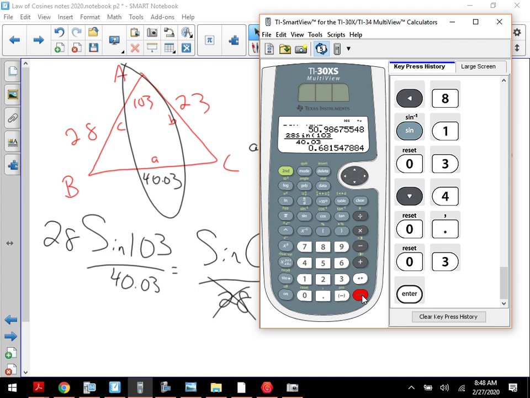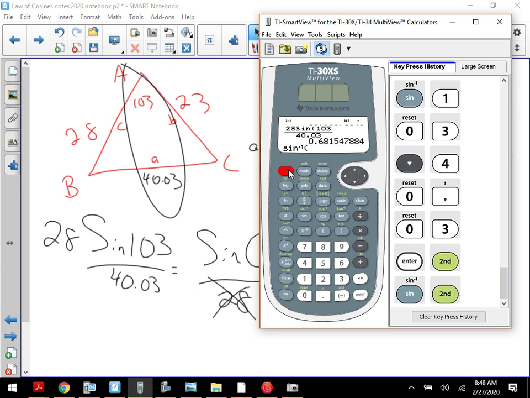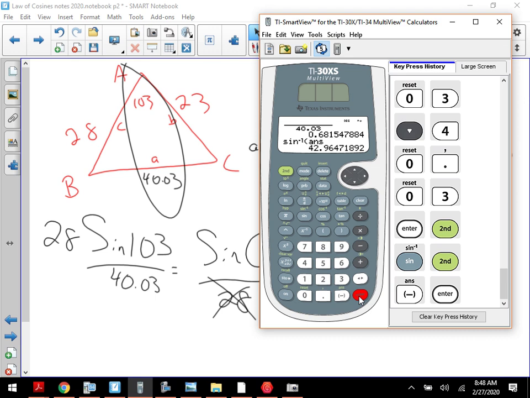And then inverse sine, 42.96 for the angle. And now you have 2 out of the 3. Subtract all of that, you get 34. Sounds good to me.